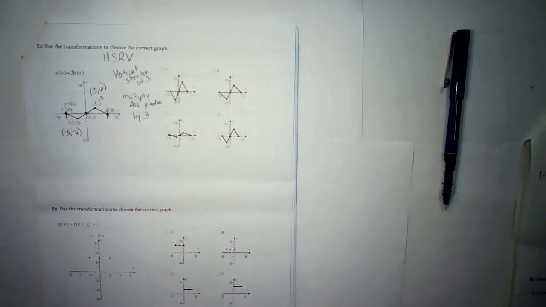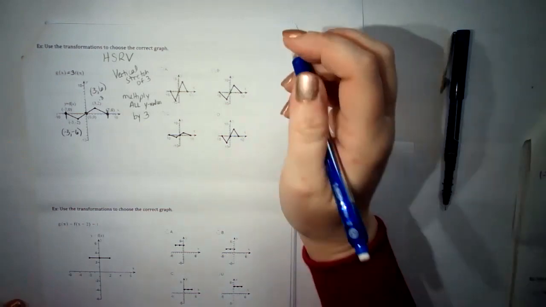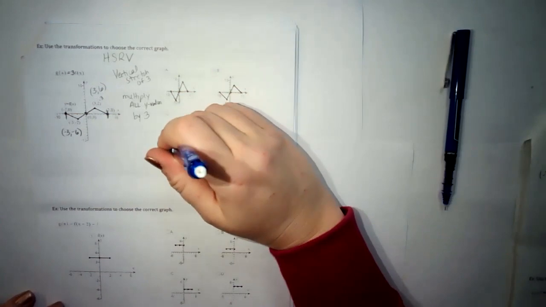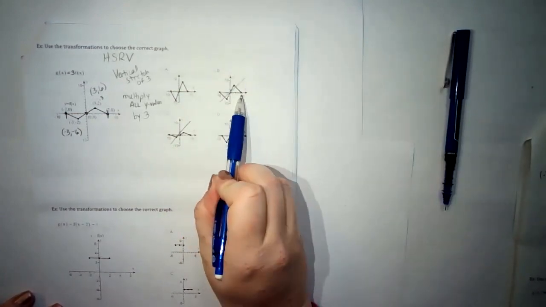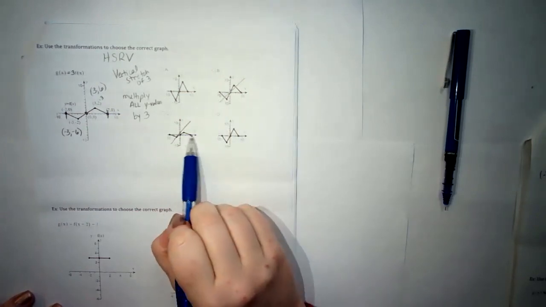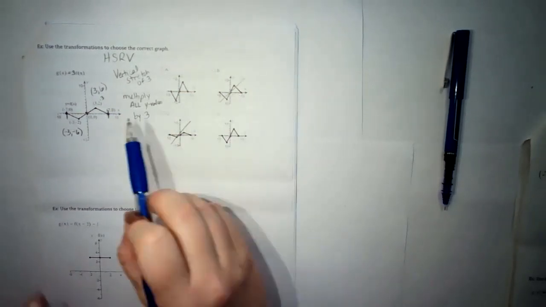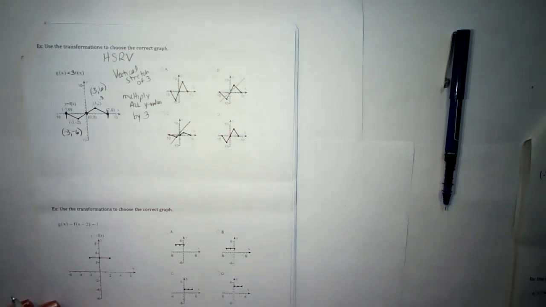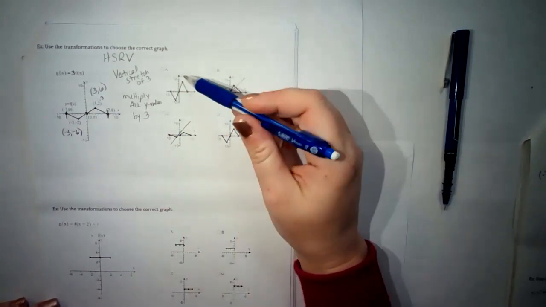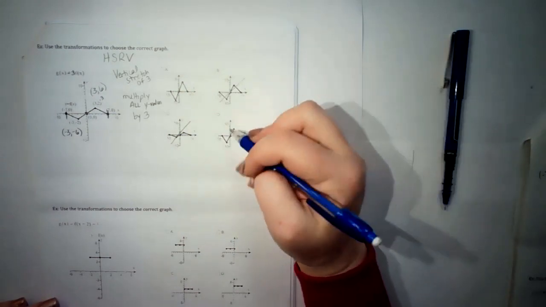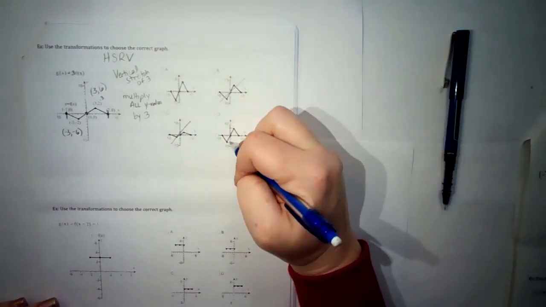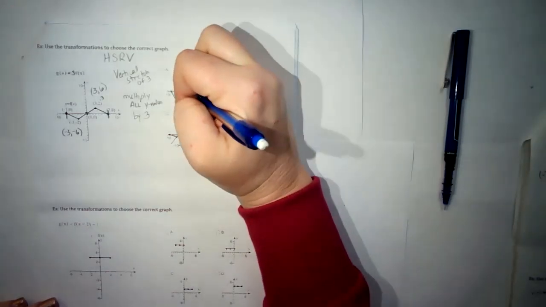That's the only change. So if we look at that, it can't possibly be C or B, because look what happened to them. They stretched out this way, and that's not right. I'm staying right here at -7 to +7, which means I'm either A or I'm D. Now it's kind of hard to tell, but you're going to have to try to figure out what these values are here.